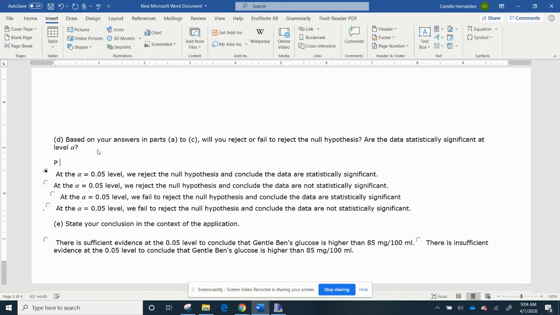Okay, so if P is less than or equal to the level of significance, you reject the null.